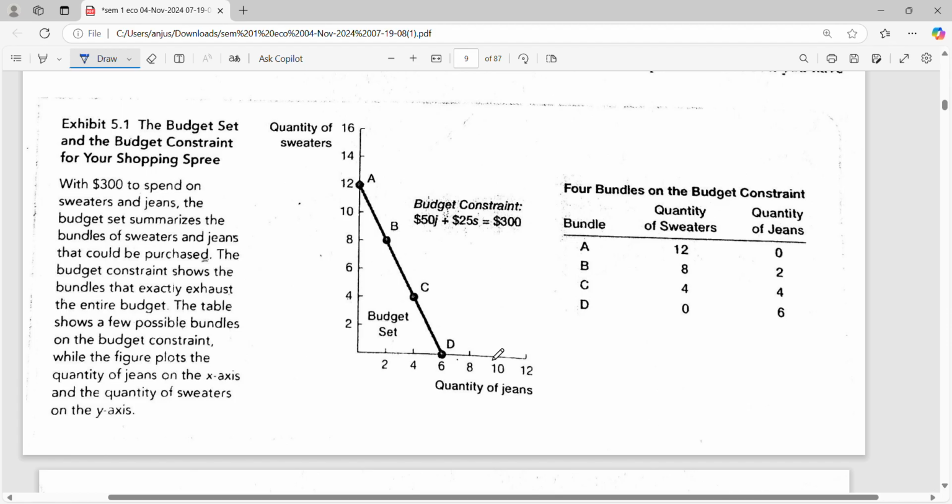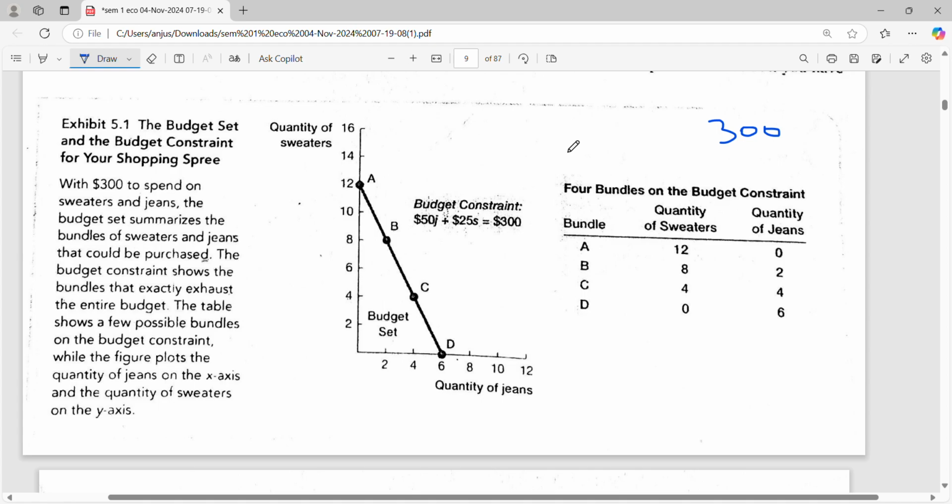The whole example in the book is in dollars, but I am converting into rupees to make it more relatable for you. So you have 2 desires: you need to buy jeans and sweaters with 300 rupees.